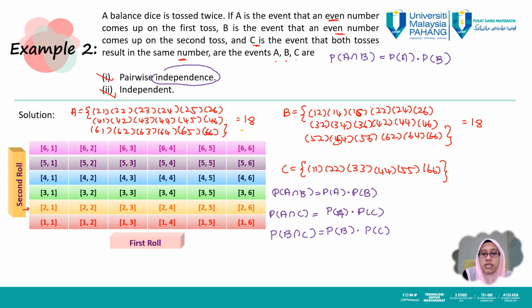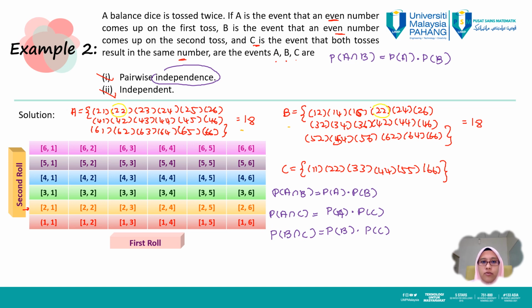Okay, so let's check P(A intersect B). This is A, this is B. What are the same outcomes between A and B? We have (2,2), (2,4) and (2,6).